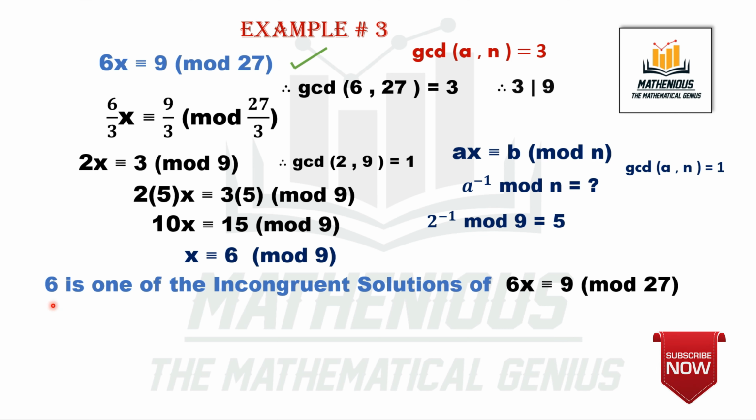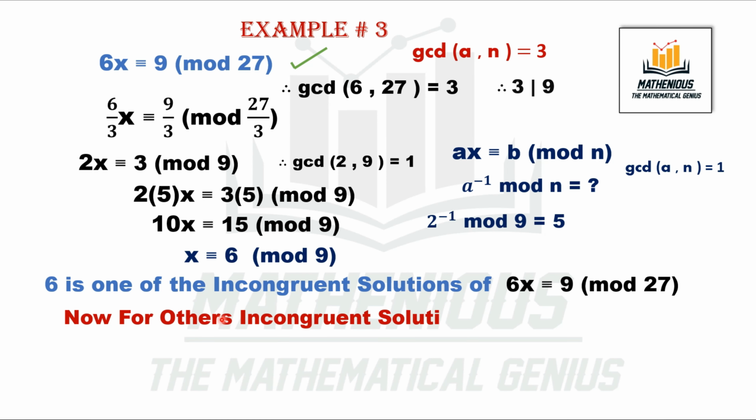To find the other two, we also have a formula for finding the incongruent solutions. For the other incongruent solutions, we will use this formula: x dash is equal to x naught plus n over GCD of a and n into t, which I explained in detail in the previous video. We know that in this case x naught is equal to 6, n is equal to 27, and GCD of a and n is equal to 3.